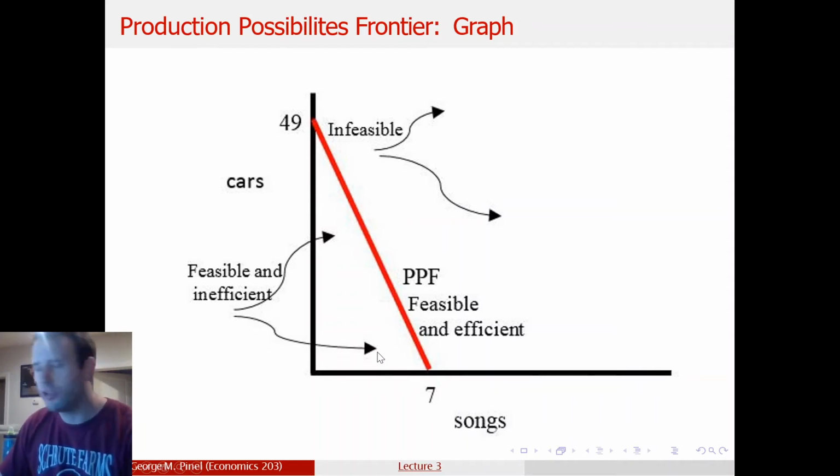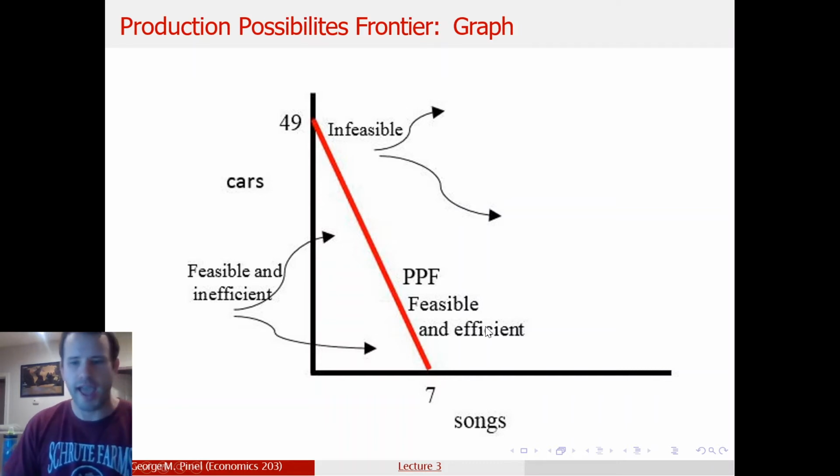All right. So I had these little annotations here saying feasible and inefficient, infeasible, and then feasible and efficient. And when you're drawing the graph, unless I ask you what the feasible points are and what the inefficient points are, you don't need to label these out.